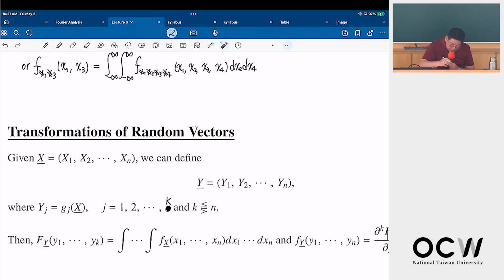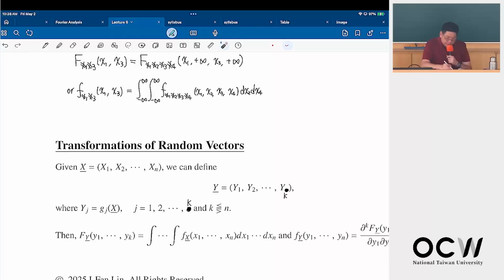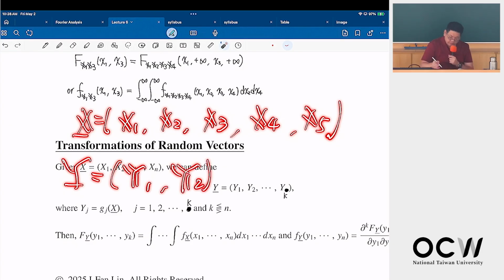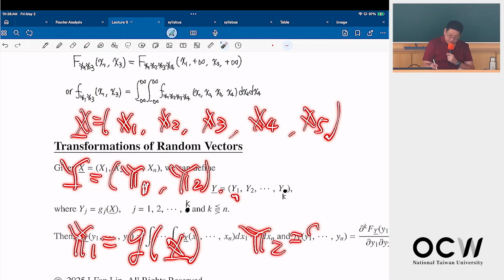For example, the x random vector could be x1, x2, x3, x4, x5, but y will be y1, y2. So y1 will be a function of the x vector. y2 is also a function of x.